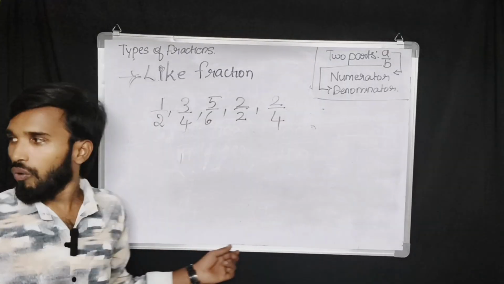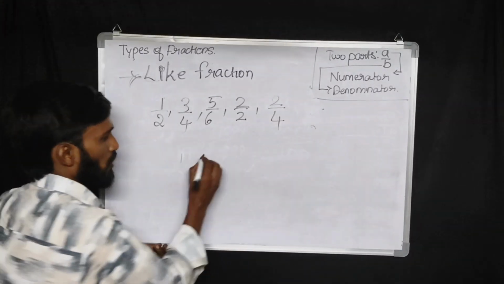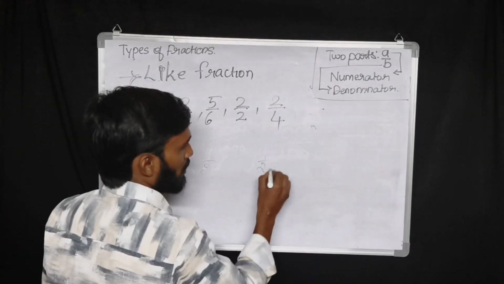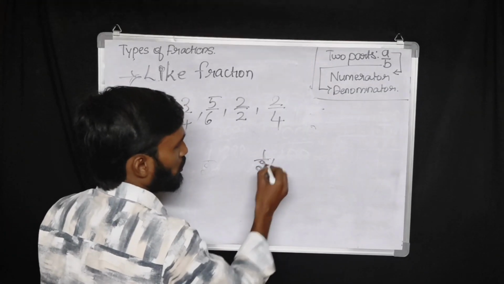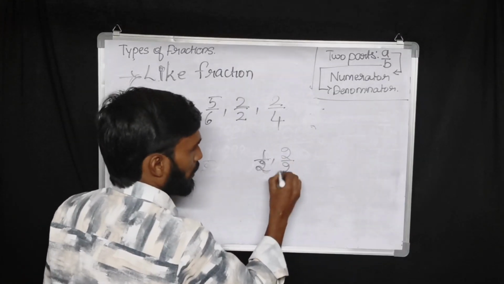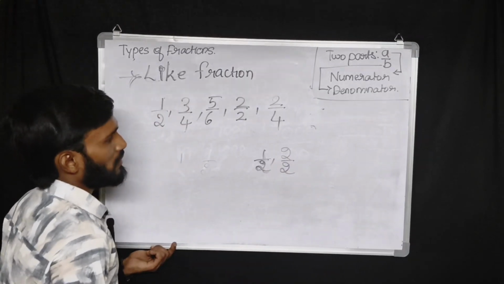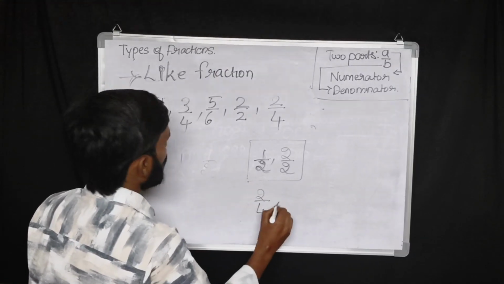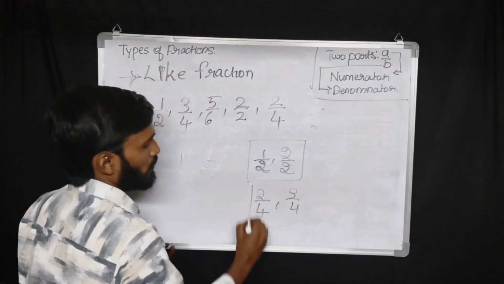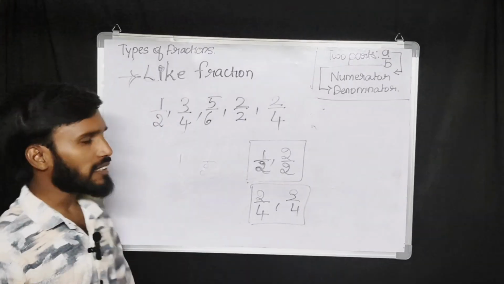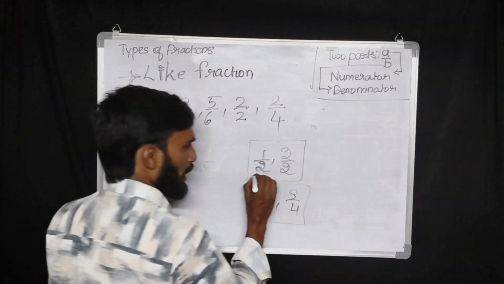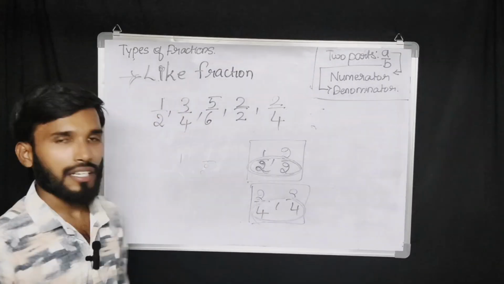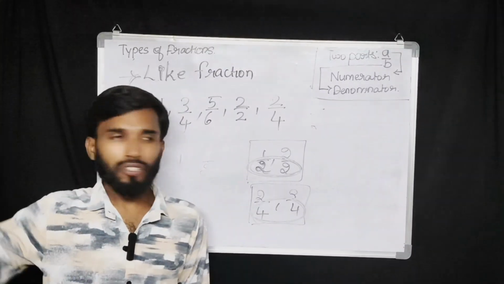We have 1 by 2 and another one, 2 by 2, and these are the same. Next, 2 by 4 and 3 by 4. Why am I saying that these are the same? Because we have the same denominators, the same lower part.